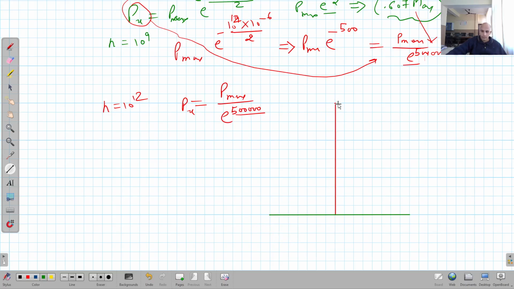Along the vertical direction, we are taking px upon p maximum, or I can say simply px, the probability of the new state.